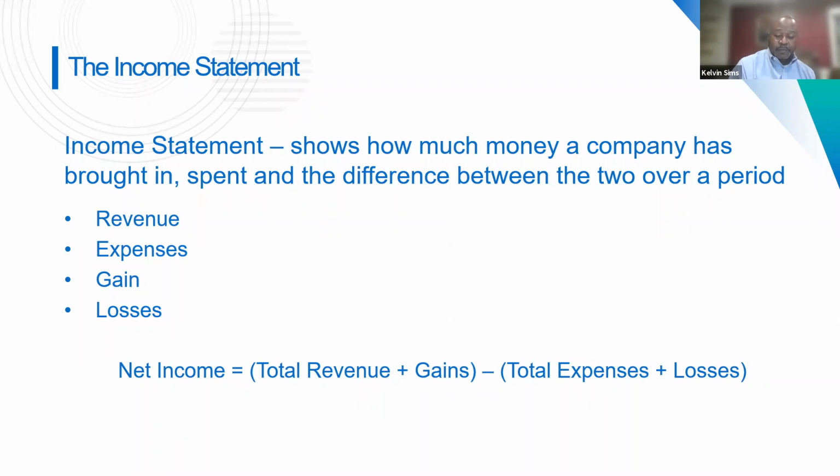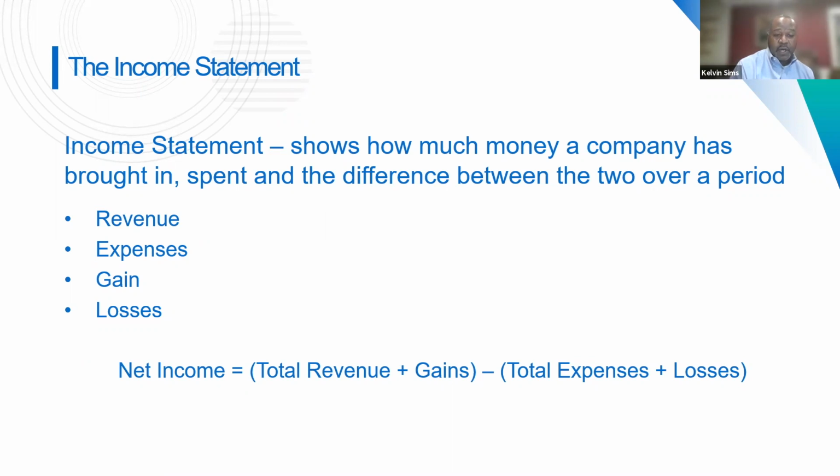The gain is if we have an asset, let's just say a vehicle that we're no longer using for the business. We sell that to someone, and the vehicle is fully paid off. We sell that to another provider, another service, another company. Those monies that we make on that is a gain. Likewise, a loss is the same way.